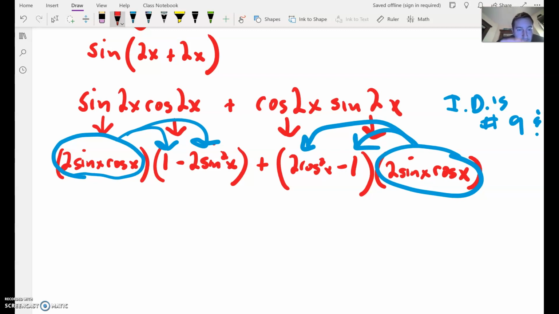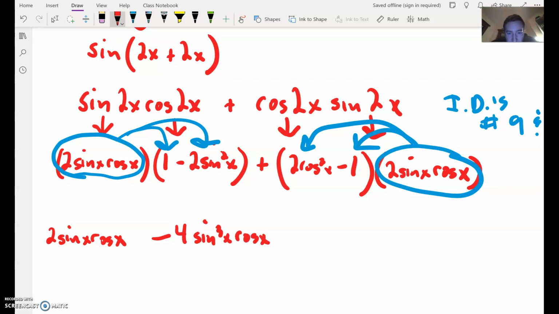Okay, so what I get is, when I expand it, 2 sine cosine minus 4 sine cubed cosine. That's what I get from that distributive property, plus, and then over here I get 4 cosine cubed sine minus 2 sine cosine.